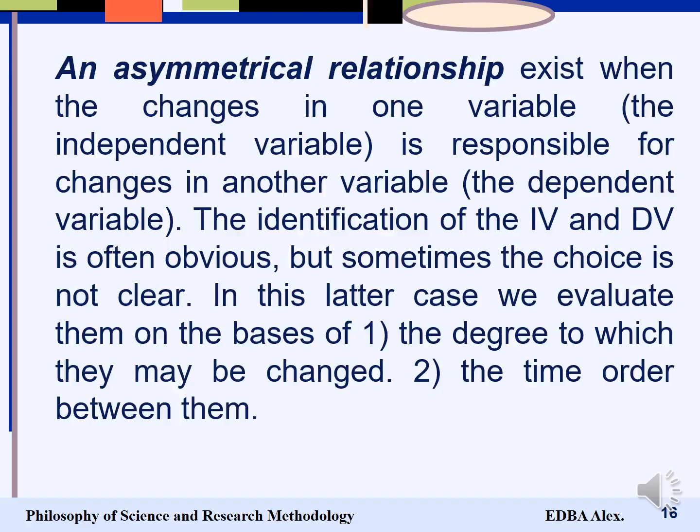For example, if we find a relationship between the skin color and the crime rate in a certain city, which one is the dependent variable and which one is the independent variable?